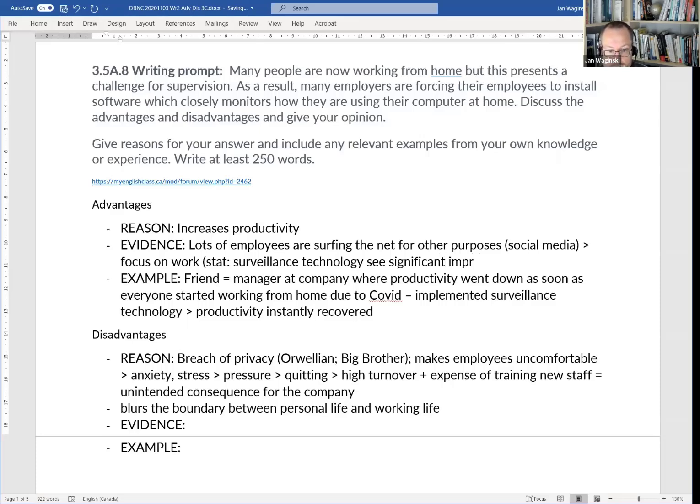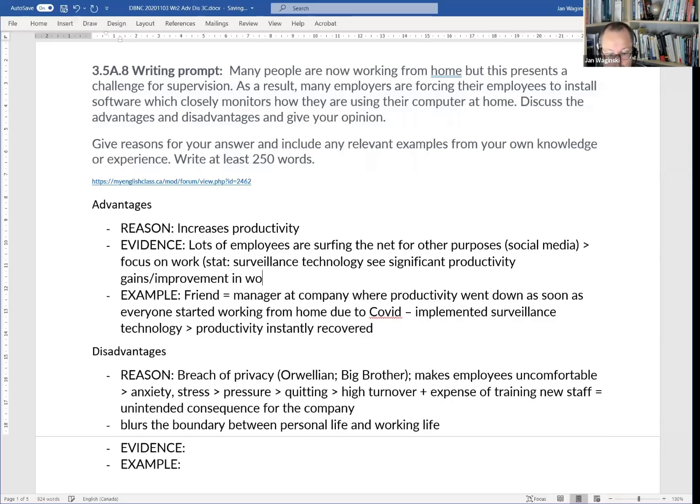Productivity gains is another expression for improvement in productivity. And we'll call it worker productivity.